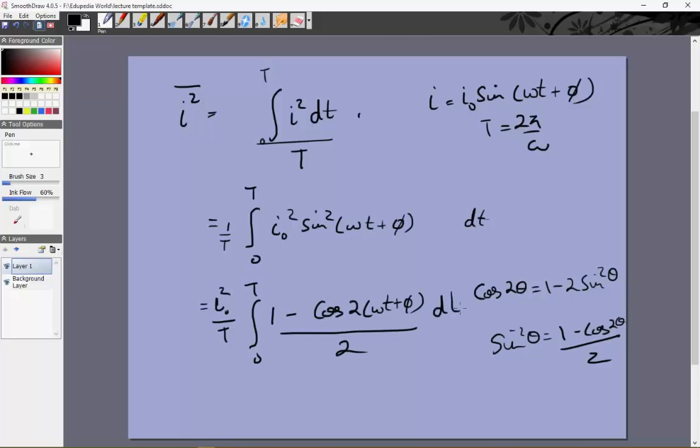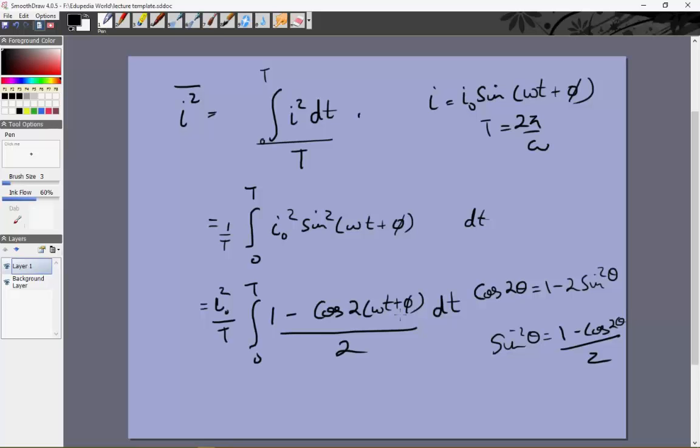by 2 dt. Now integral of cos of 2 omega t will give me a factor of 2 in the denominator, but in the value which we put, at one time t will be 0, which will give me phi. At another time t will be capital T, which will give me 2 pi plus phi. So both the limits will be equal and the integral of this will be 0. We know that anyway.